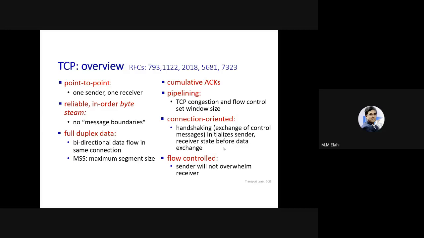I think we have already seen this in go back N. If one or more segments are lost, the go back N receiver receiving out of order segments will return what? It will return the last in-order acknowledgement. That is called cumulative acknowledgement. That means acknowledgement can never decrease.